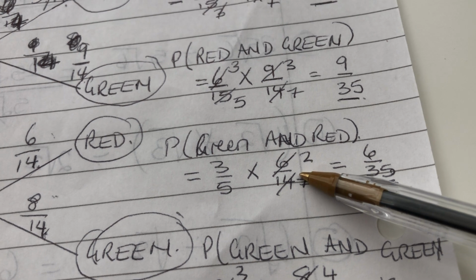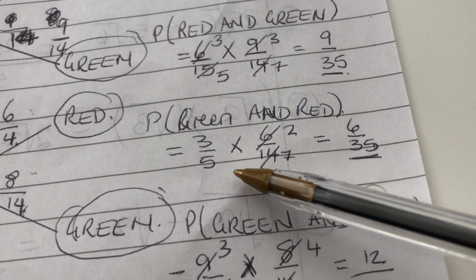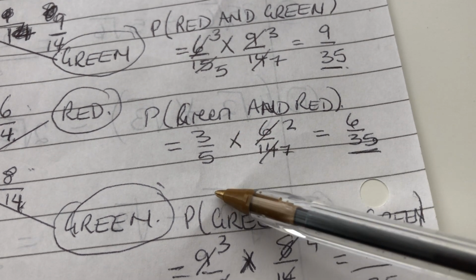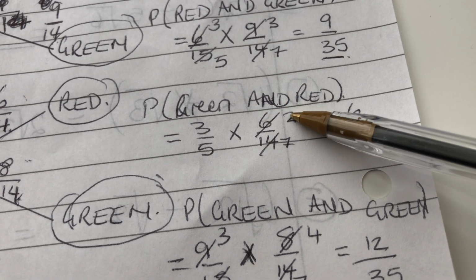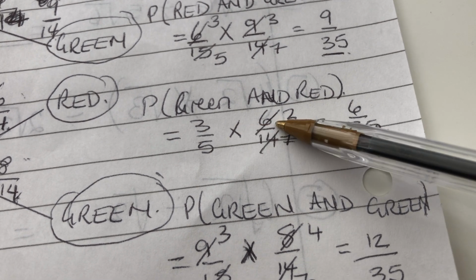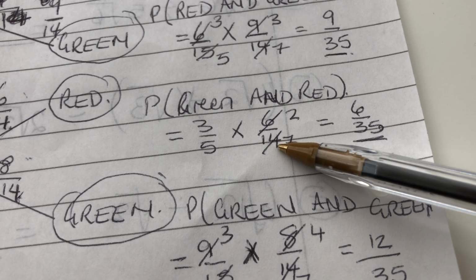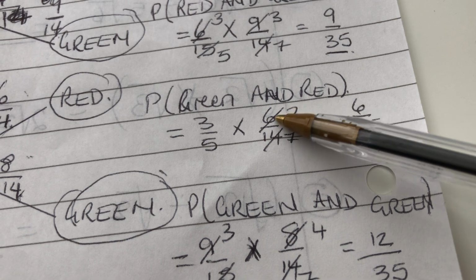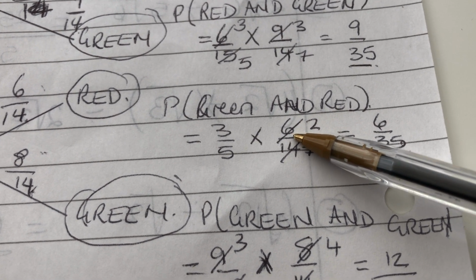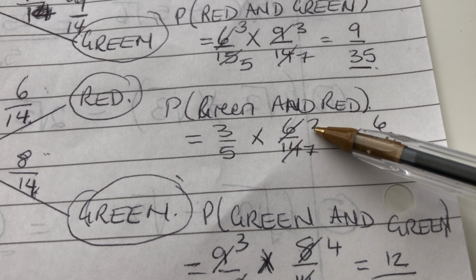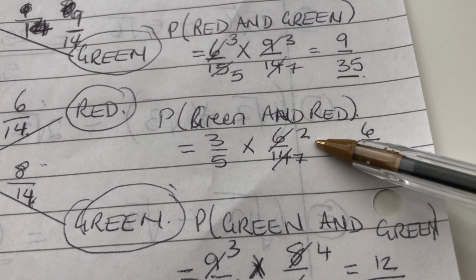Hold on. Let's go back and check. That will be 6, so 18 out of 5 times 14. So let's see again. How many 2s do I have in 6? 3.